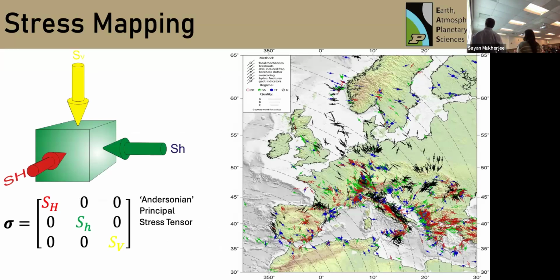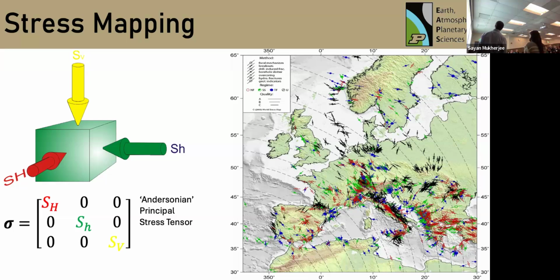Our project seeks mostly to characterize this greatest horizontal stress, shown here as SH. And you can see there's been a lot of work in recent years throughout Europe trying to characterize the direction and magnitudes of these stresses in the crust.